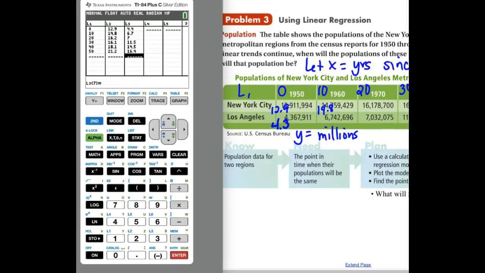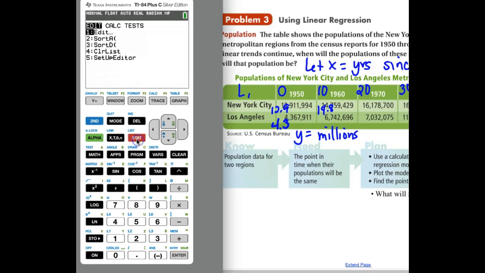All right, we have taken time to enter. List 1 is our years since 1950. List 2 has our New York City populations, and list 3 has our LA populations. We're going to do 2 different linear regressions. For the first one, I'm going to go to Stat, and we've entered our data, so we'll go over to Calc this time.